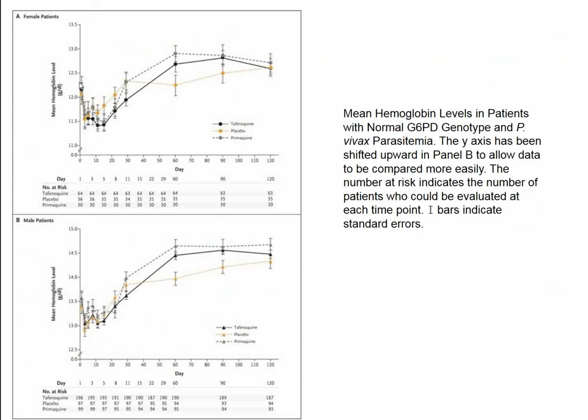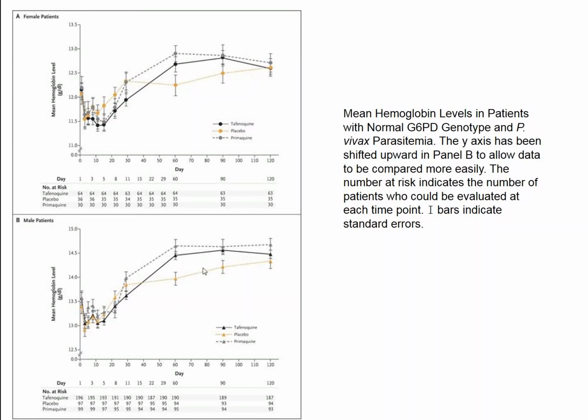Now, when we look to see what happens to hemoglobin, during the acute malaria phase, it drops in all groups, and then it comes up again, and then the two groups that got the radical cure did better than the patients that had relapse, who then again had to be treated with chloroquine for a second time to continue in this study.